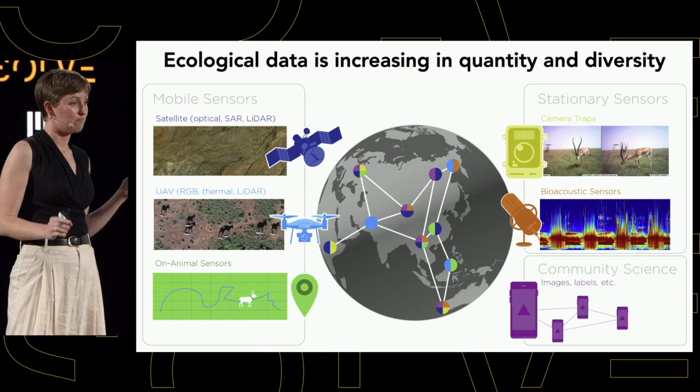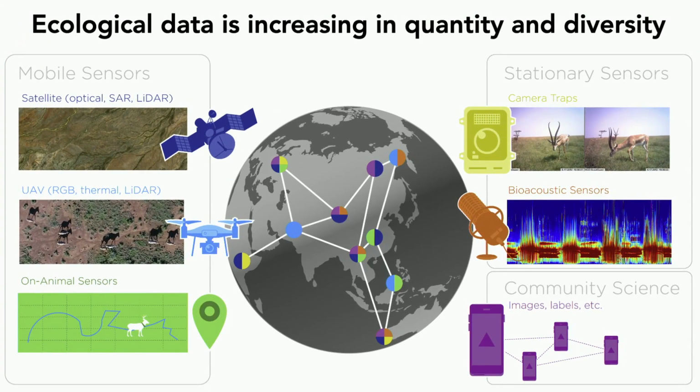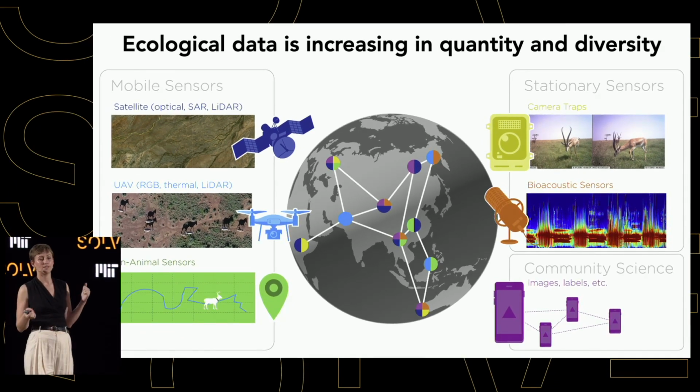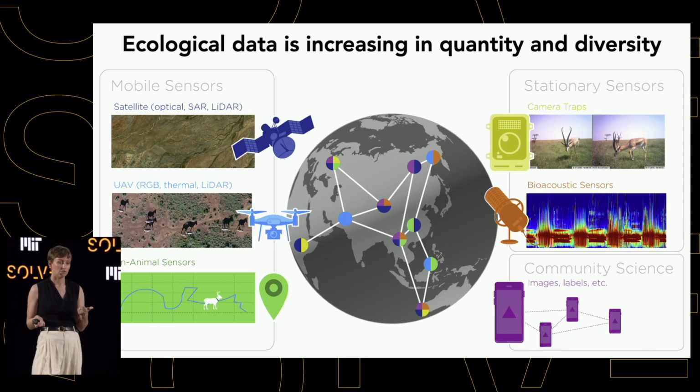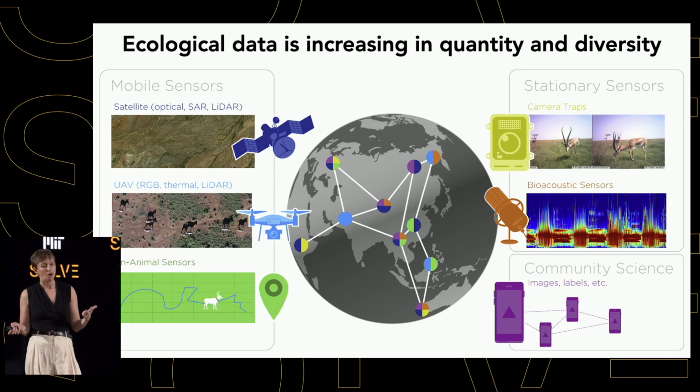Ecological data: people are trying to understand these things, and we're collecting data now with both increased quantity and increased diversity. In my group alone, we work with everything from satellite imagery, low-flying aircraft and drones, to on-animal sensors.